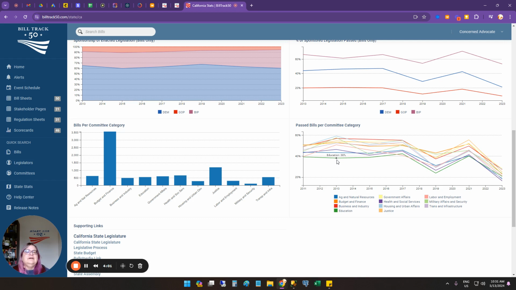So you can see that these are controversial bills, whereas a housing and urban affairs bill that is bipartisan has clearly a really good chance to pass. So this can also help you decide, of the bill you're looking at, what kind of thing is going on, and also lets you look at trends. I actually find this really interesting.